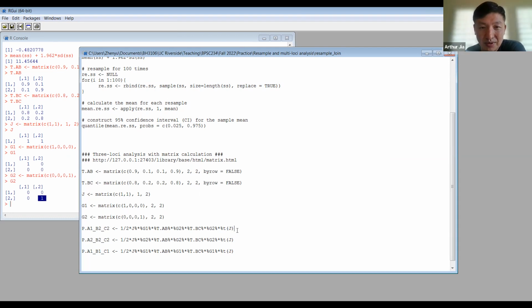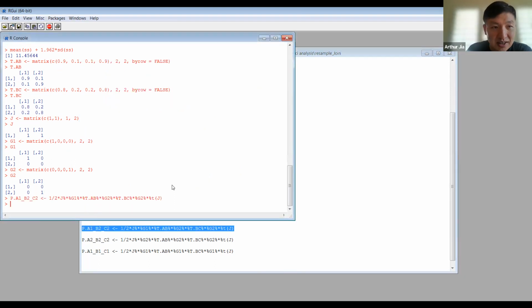And once you have everything here, the first one is to calculate the probability of this genotype. So I put this calculation result into this random variable. This will give you the probability that the genotype for A locus is 1, but for the B and the C loci, the genotype is 2.